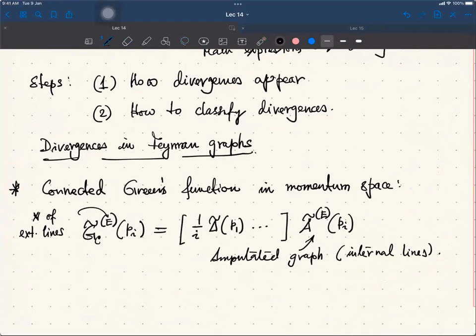One type of internal lines are the tree lines. We shall denote the momenta carried by such tree level internal lines by q's, and they are all fixed by p's.